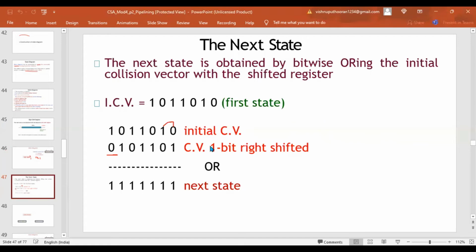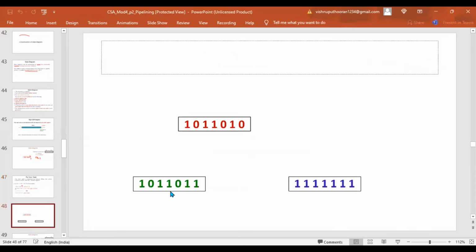So first, a 1-bit right shift is performed here. The bits are shifted to the right and a 0 is appended on the left side. This value is ORed with the initial collision vector. So we get our next state as 1 1 1 1 1 1 1.